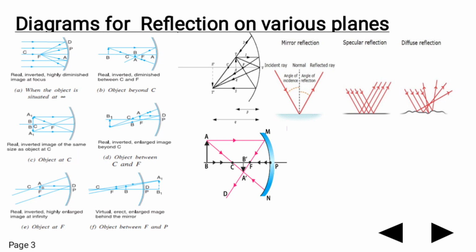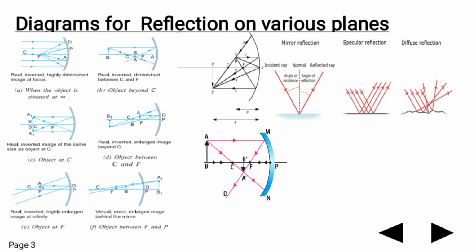So we have a mirror reflection of the rays striking the surface and reflected back through an angle of reflection. We have the specular reflection, and lastly, diffuse reflection.